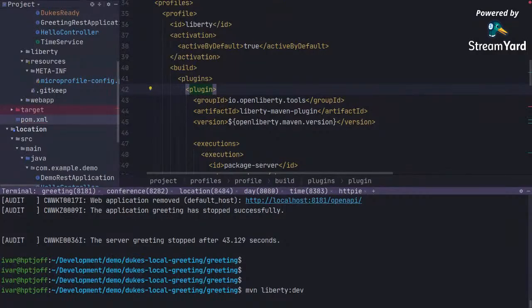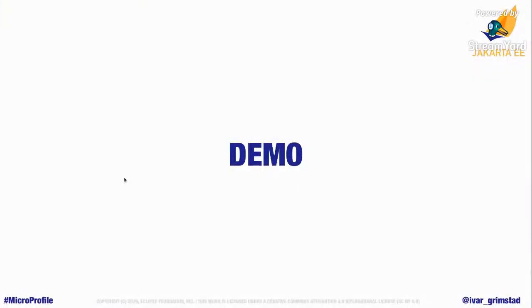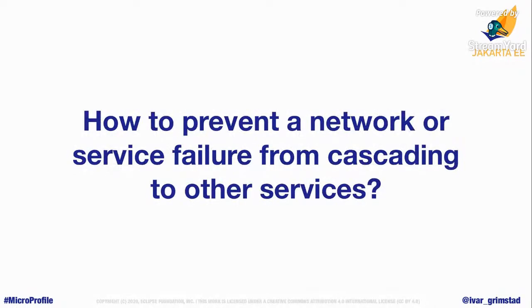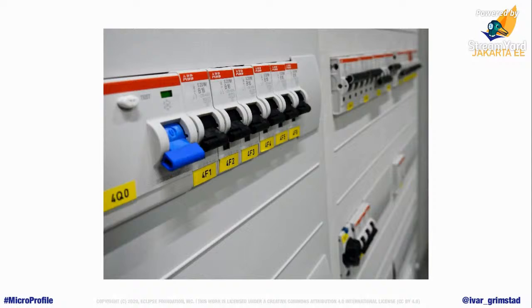Sorry, and I'll go back to the slides and go to the next pattern. So the next I'm going to talk about is circuit breaker. And the circuit breaker is how to prevent a network or service failure from cascading to other services. And you probably have a circuit breaker of some sort in your home, like these fuses here.